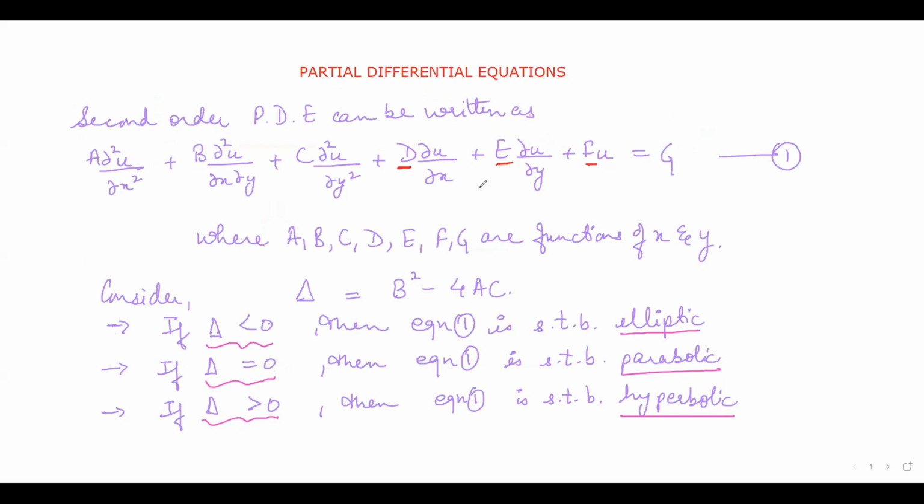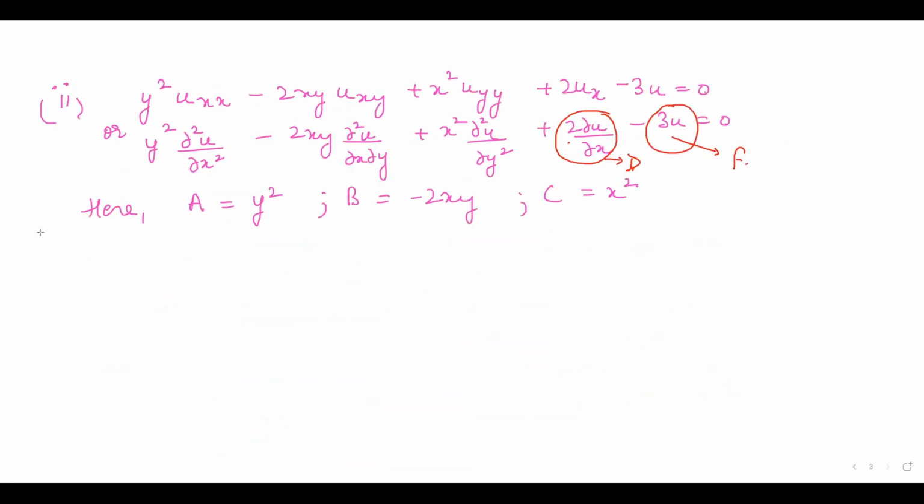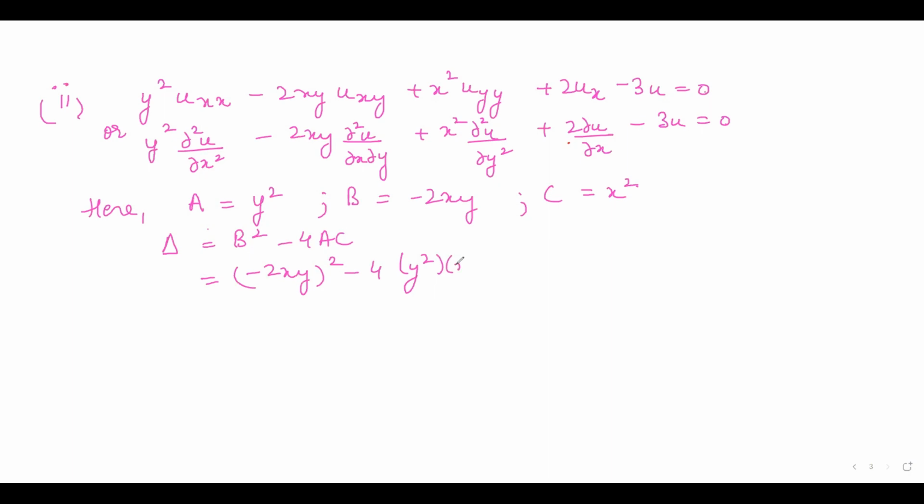These are also functions of x and y, but we don't need them when we are finding the discriminant value. So to find the discriminant value, we don't need them. Here I'll be considering only A, B, C. I'll calculate that: minus 2xy whole square, minus 4 times y square x square.